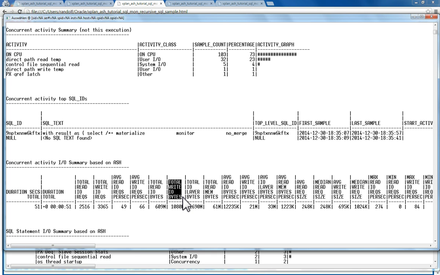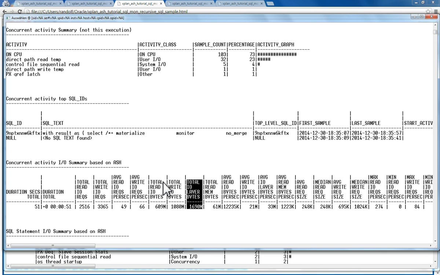This means that the amount of data exchanged between the cells and the compute nodes can be much more than the data read from a database layer level, because the cells decompress the data and send the decompressed data to the compute nodes, and depending on the compression level, this is much more than the segment size that gets scanned. So these are all the kinds of patterns that you might see with Exadata, and therefore this I/O layer bytes becomes pretty relevant in Exadata cases.